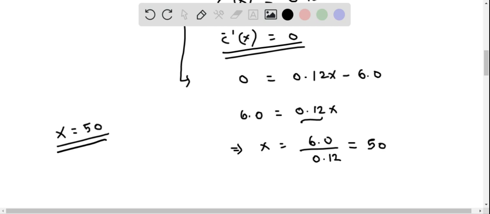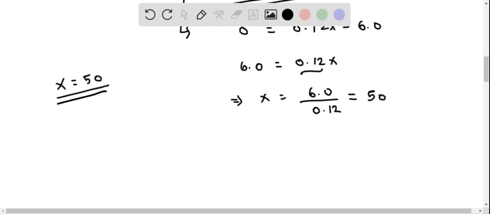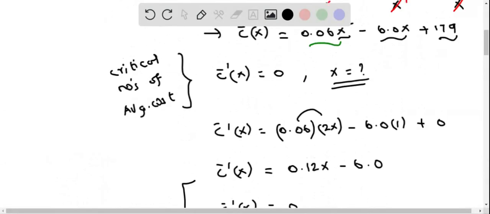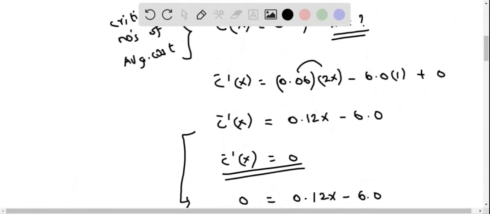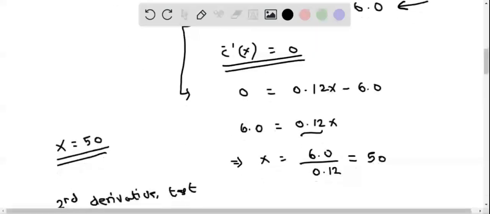We can see that at this production level, the average cost is minimum, but we have to be sure about it. For this, we can use the second derivative test. Let me find the second derivative of the average cost function. For this, I'm going to use the first derivative, so let me copy that.